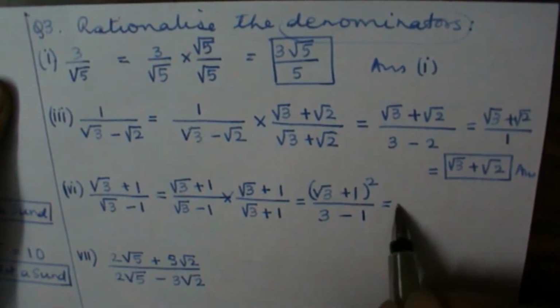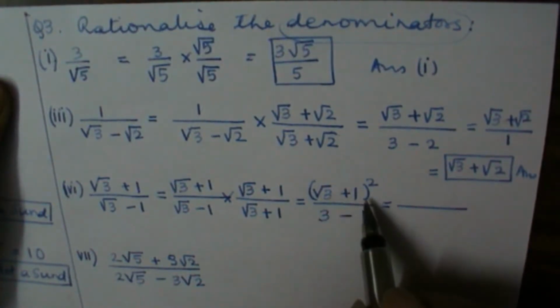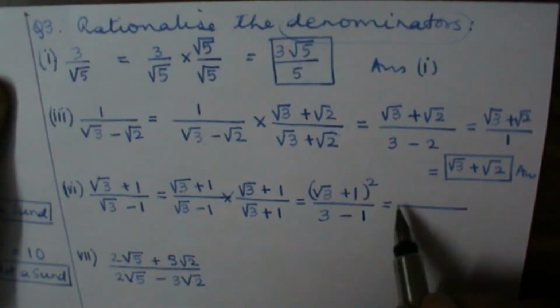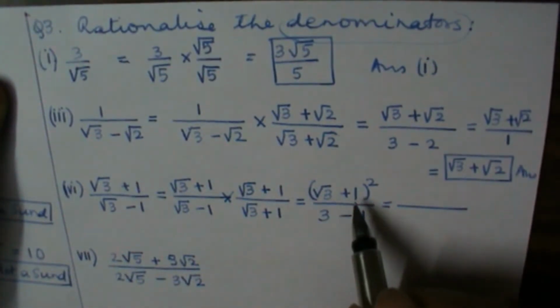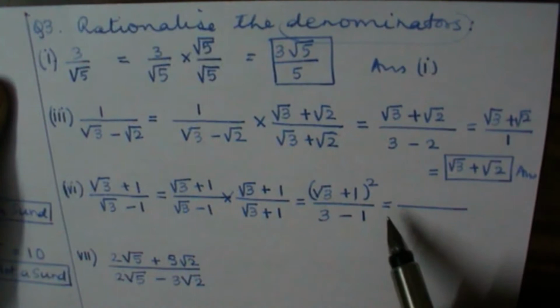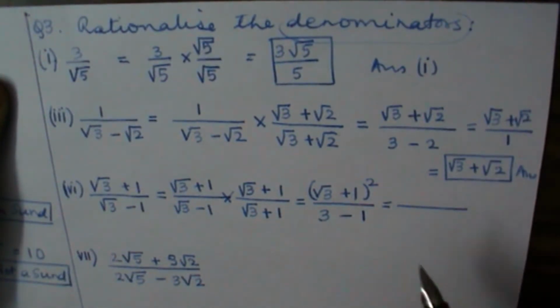So now in the numerator, let us open the bracket. We have to expand this. So it will be root 3 square because it's a plus b whole square. What is a plus b whole square? A square plus 2ab plus b square.